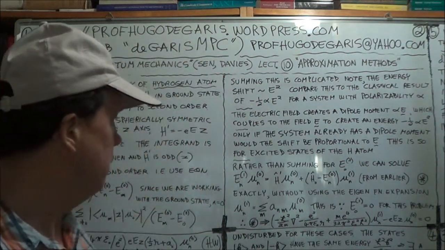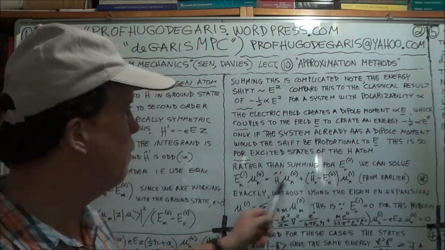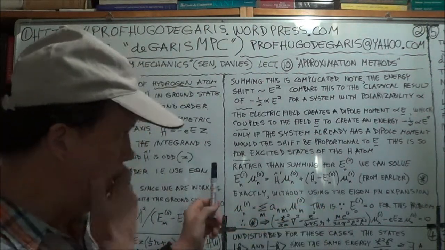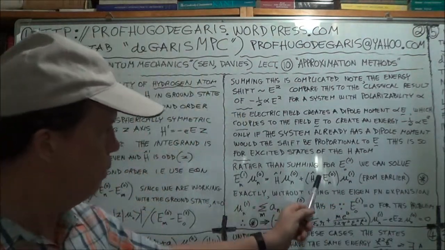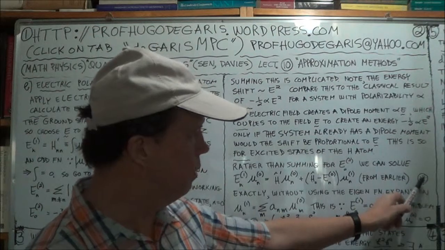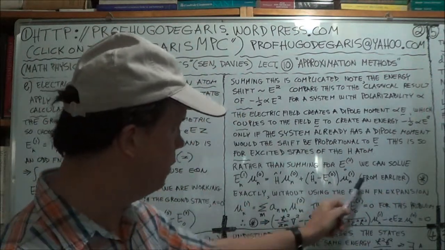Okay. Now, from perturbation theory, you've seen this equation before. And it's important, so I've labelled it, I just call it star circle, the usual thing, okay, to label this equation.